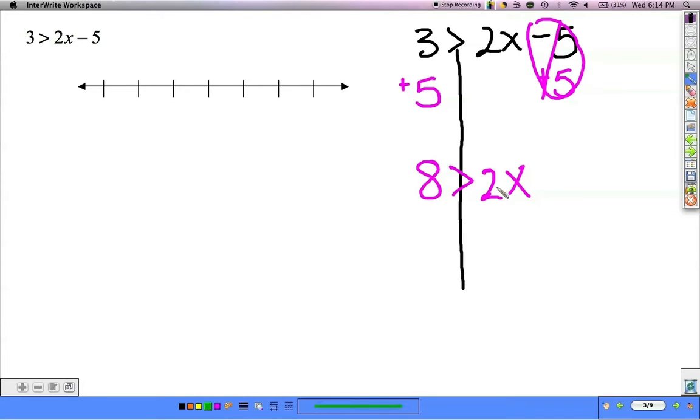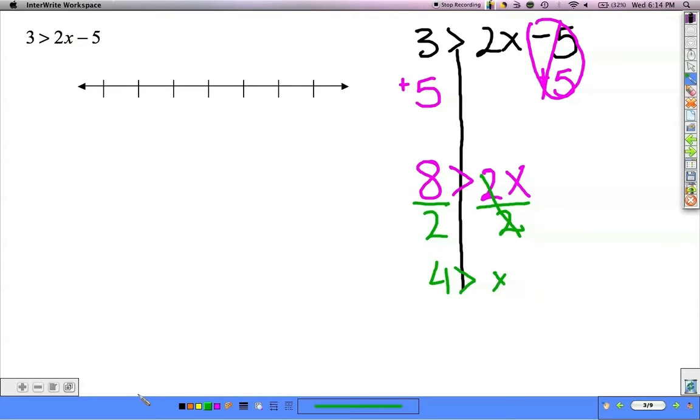Our next and final step for solving is going to be dividing both sides by 2. The 2's, of course, will divide to 1 or cancel each other out. And then we have 8 divided by 2, which gives us 4 is greater than x.